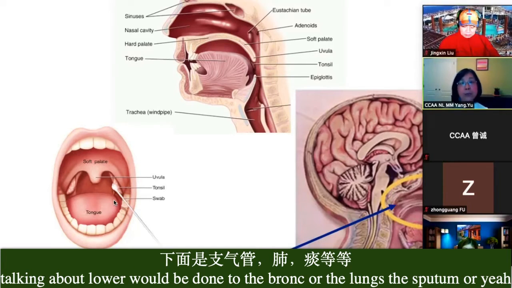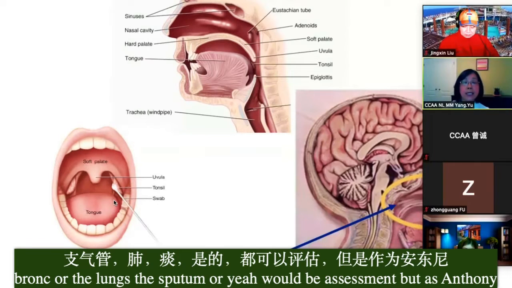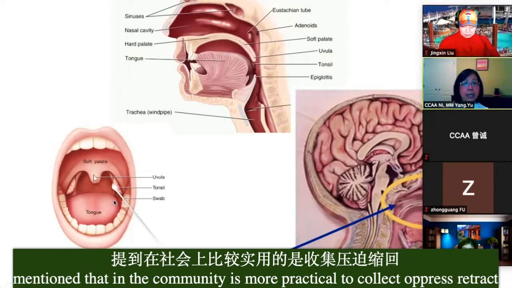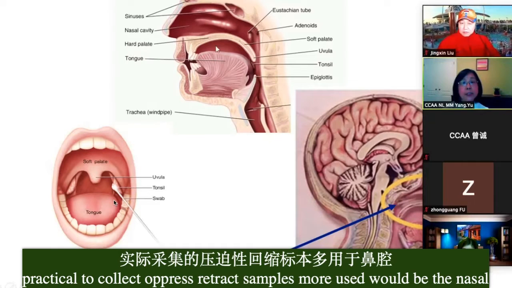The sputum or BAL would be the specimen. But as Anthony mentioned, in the community, it is more practical to collect upper respiratory tract samples.